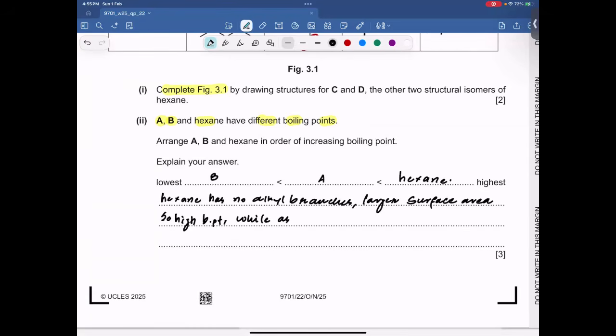While as the number of alkyl branches increases, surface area decreases.